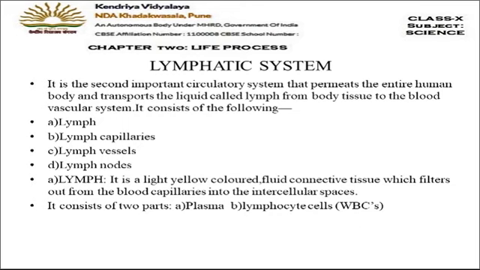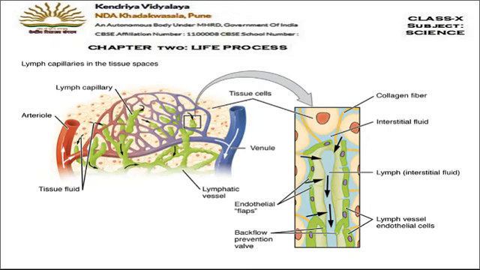Okay, now let's move on to the next diagram and see. Here you have the same diagram again. In between these intercellular spaces, the tissue fluid, or the lymph, gets collected. Lymph is also called the tissue fluid. Now you can see here the lymph capillaries. These lymph capillaries will collect the lymph, or the lymph will flow in the lymph capillaries. But how does this happen?